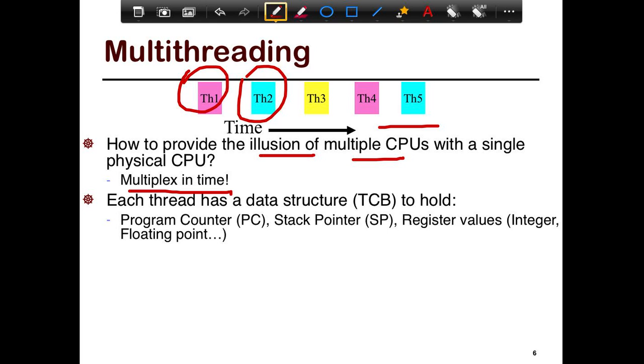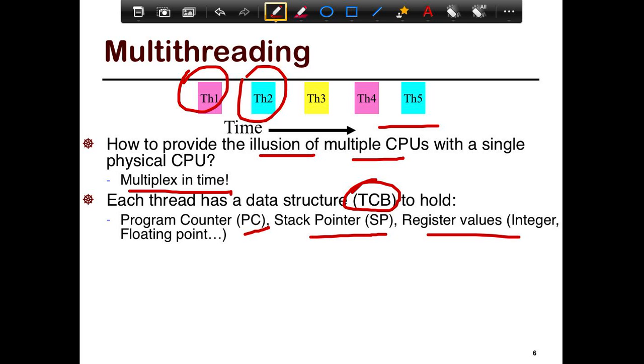And each thread itself has a data structure, which is called a TCB. In Linux, it's called a PCB, a process control block, or a task control block, which has this notion of a program counter, stack pointer. We'll get to what the stack is in a second. Register values. This is all the state that you need. This is hard state. So all the state that you need to checkpoint in order to be able to restart the thread.